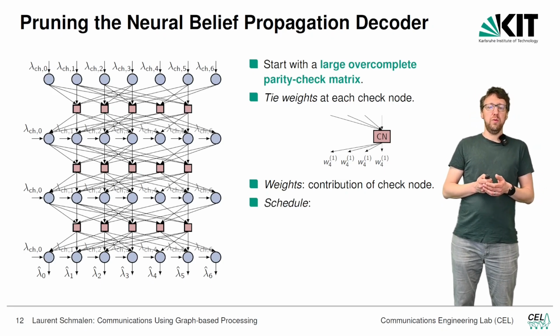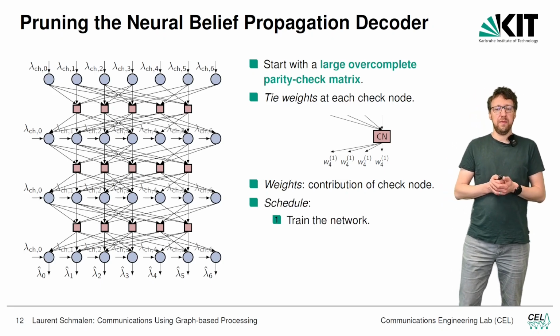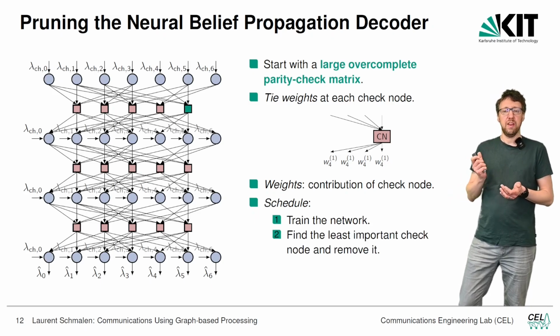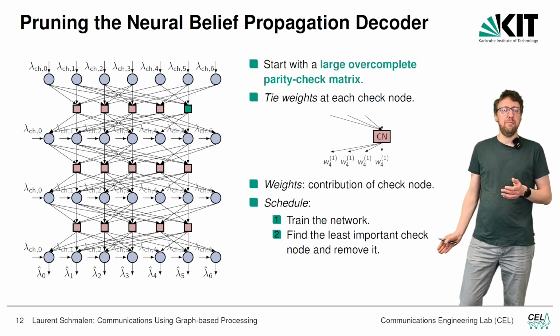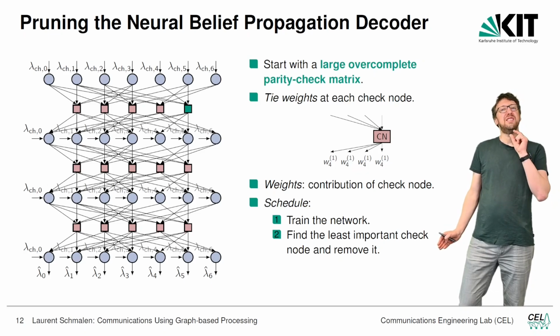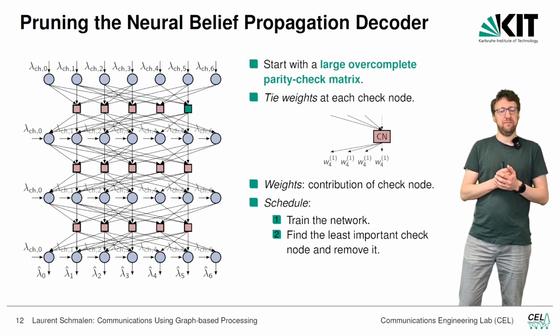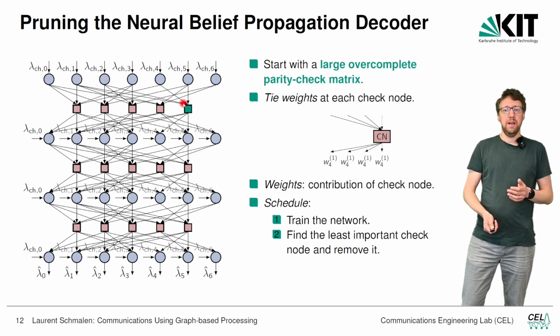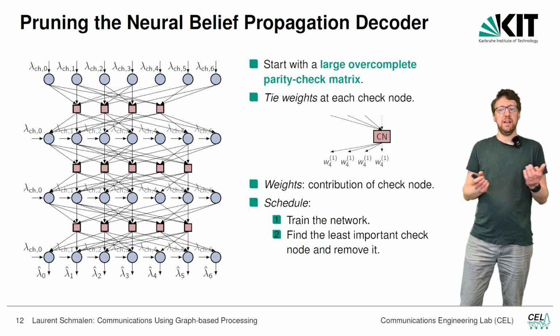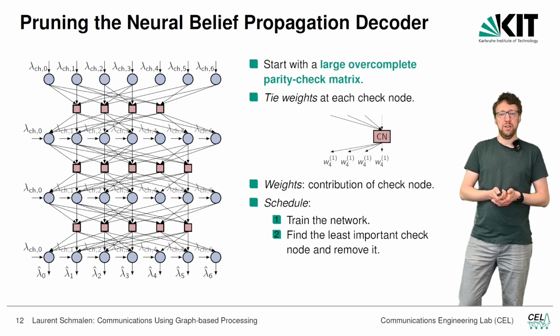So then we do the following schedule. We train the network, we find the least important check node, so the one that has the smallest weight, and we just remove it. So we kick it out. In this example, it's this green node, and we remove it from the graph, like this. Now we have a new graphical representation.